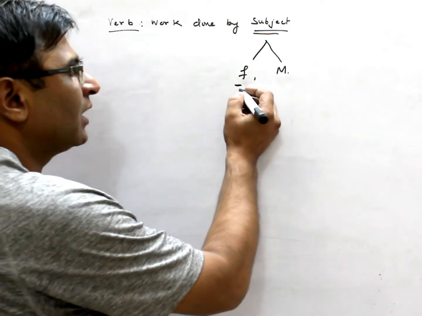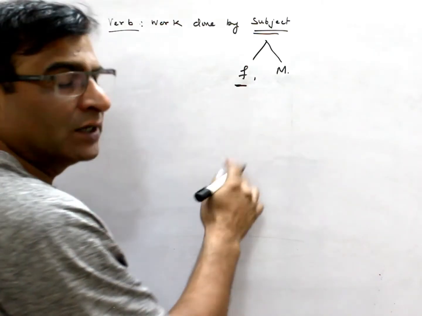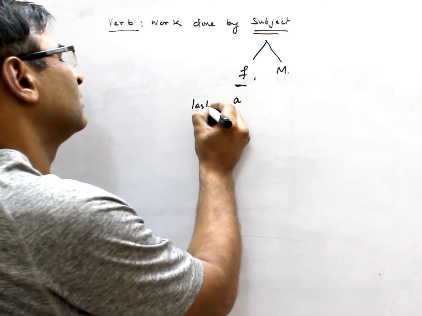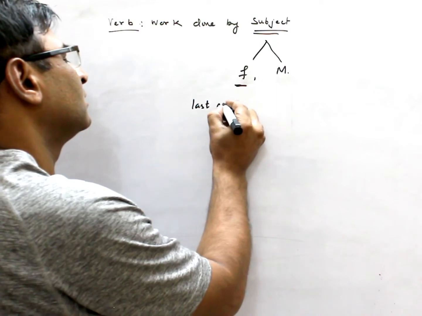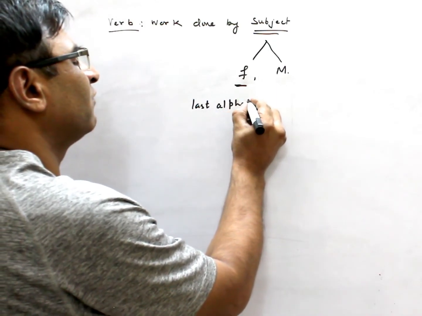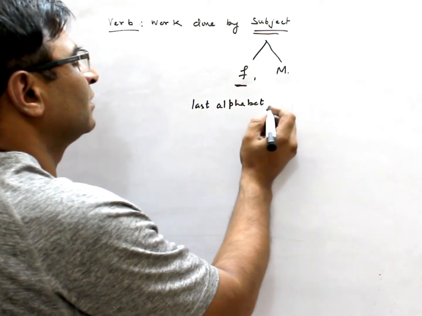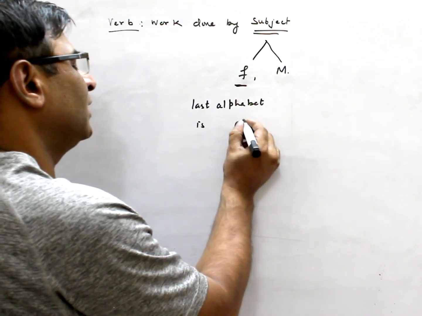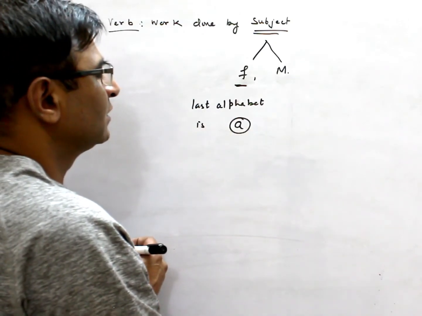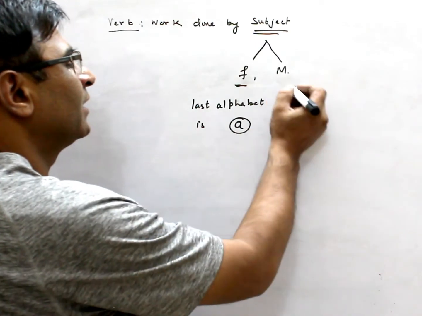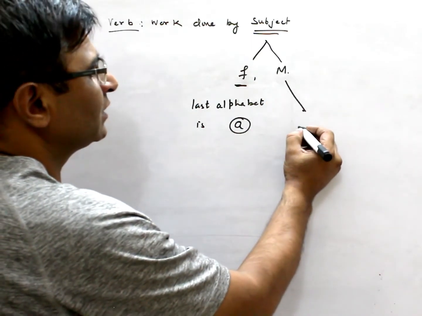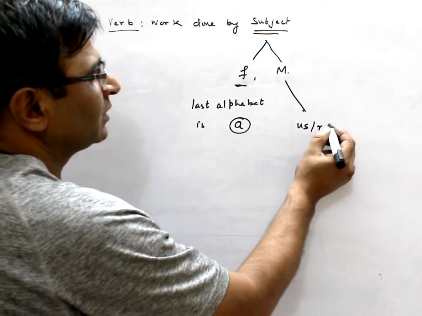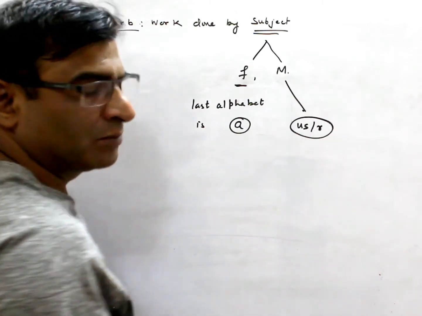If the last alphabet in the subject is A, then it is a female subject, and if the last letters are US or ER, then it is a male subject.